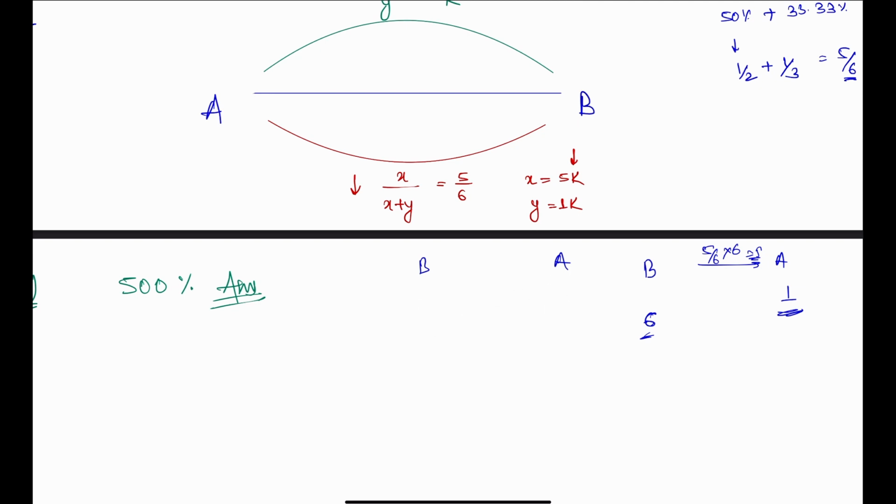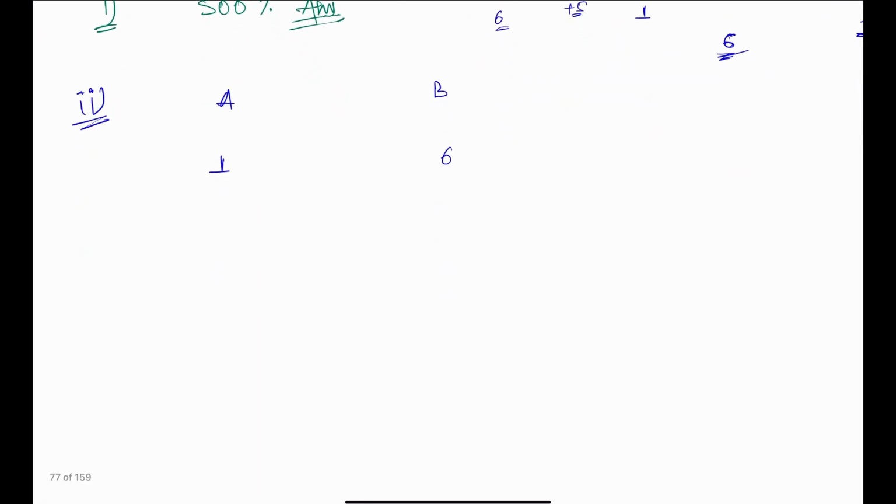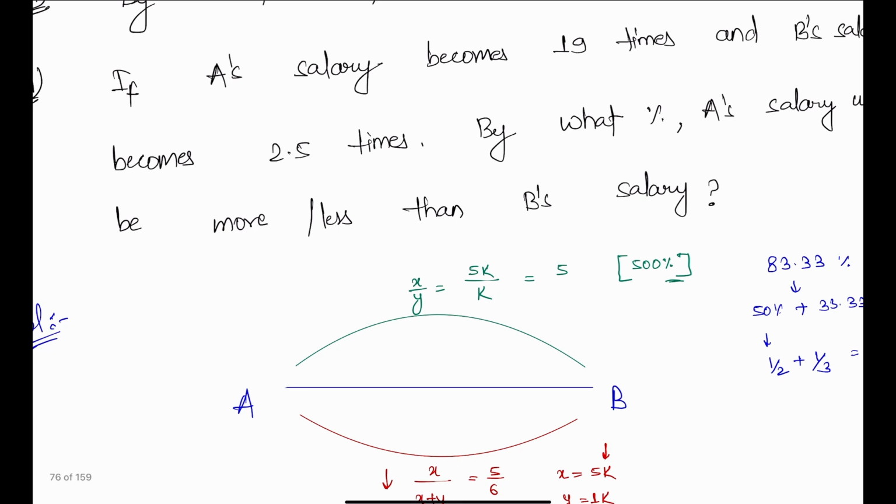So instead we take A's salary, and B's salary is more by 500%, so it will be 6. At the end of the day we are coming on the same path. So if A's salary is 1, B's salary becomes 6.